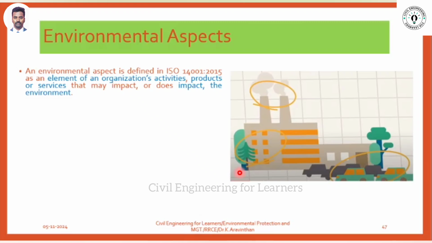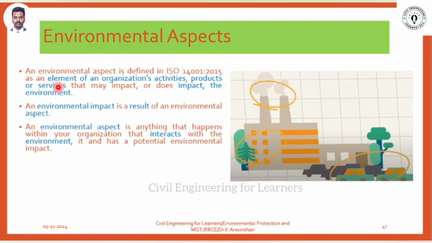So like that we have to check the activities of whatever we do for generating electricity or creating products or services. Next, the impact is a parallel or opposite point of the aspect. Any aspect interacts with the environment and creates a potential hazard. Can you see vehicles?